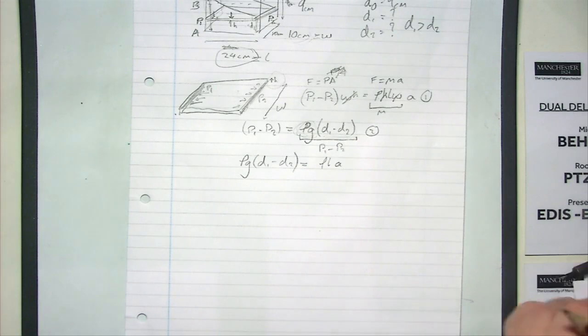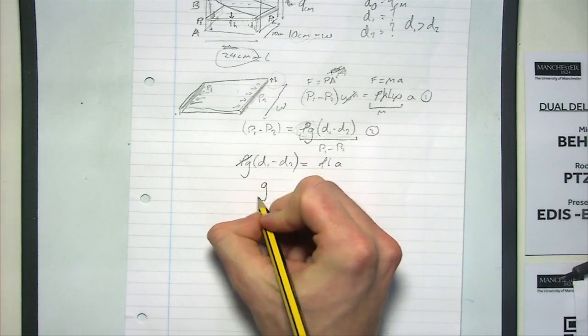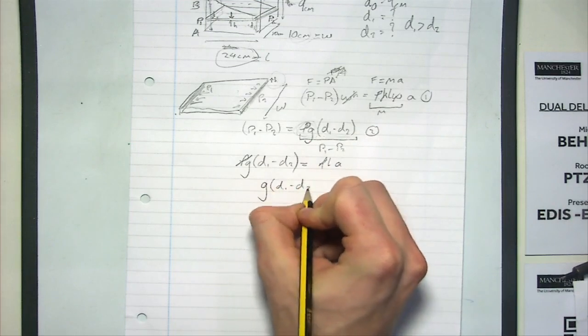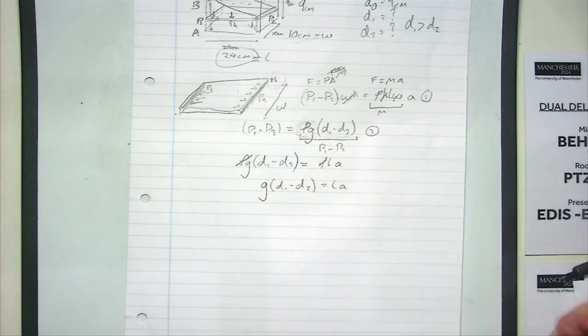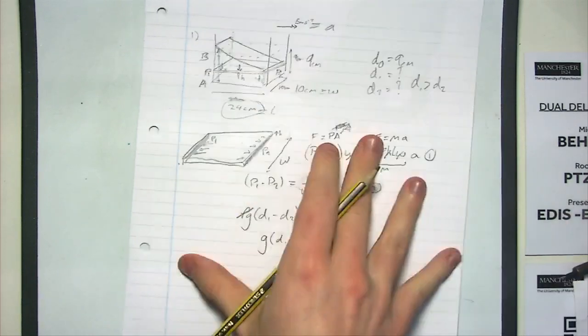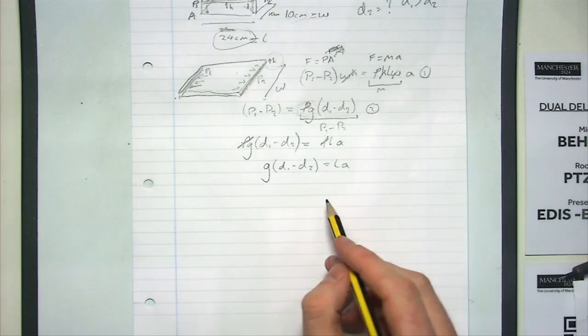It is. And you'll notice that the rhos cancel out again. So we're left with g (d1 minus d2) equals L A. And this A is that acceleration up here, that 5 meters a second squared. I hope that's obvious.